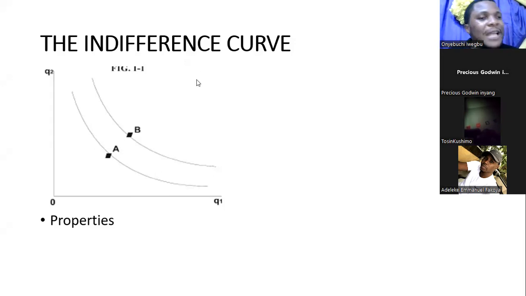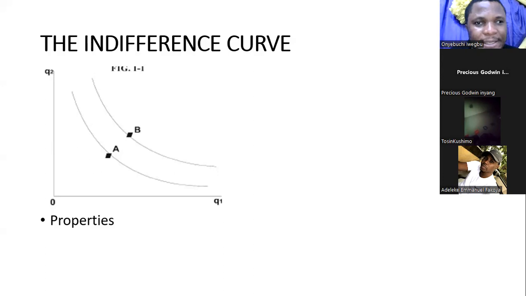So if I consume Q1 and consume Q2, the combination of those two commodities, its representation on a graph is called my indifference curve.